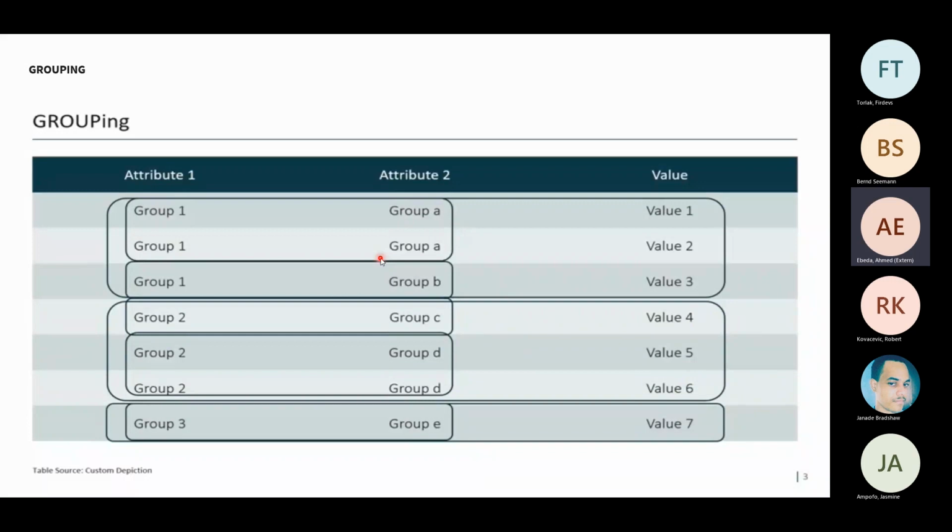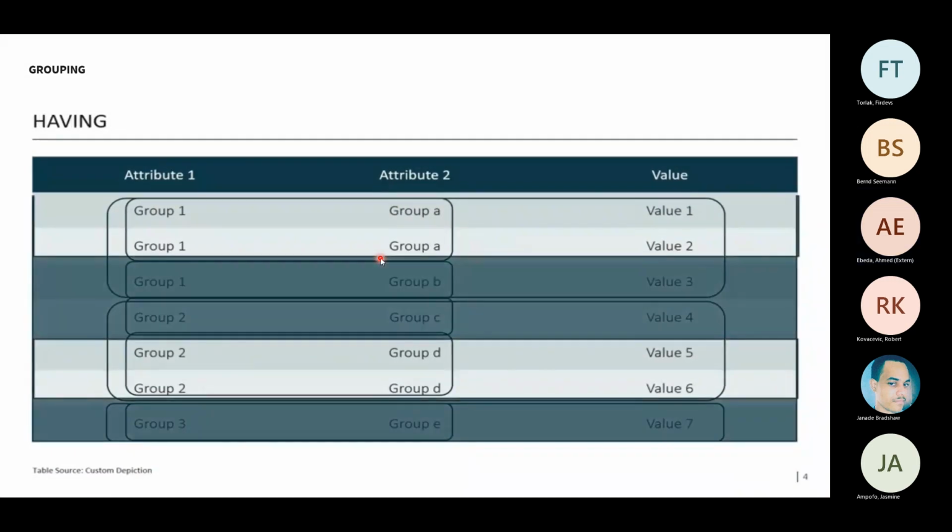We can also group by more than one attribute. For example, if we group by attribute 1 and attribute 2, we will get an average for group 1 and group A, and another average for group 1 and group B, and so on. We can even restrict the results of the grouping using HAVING.